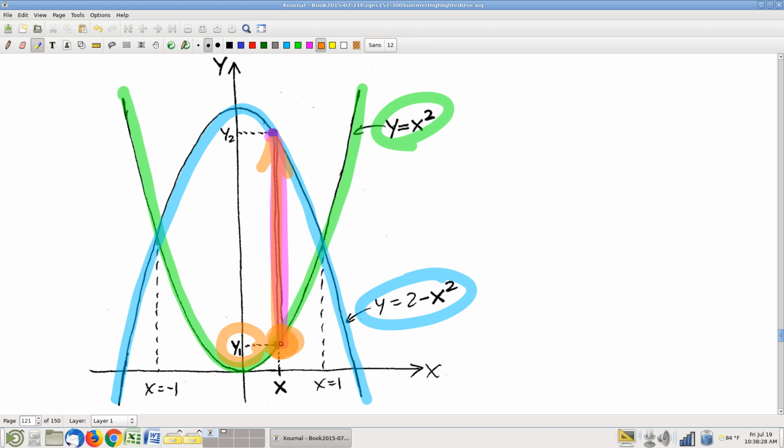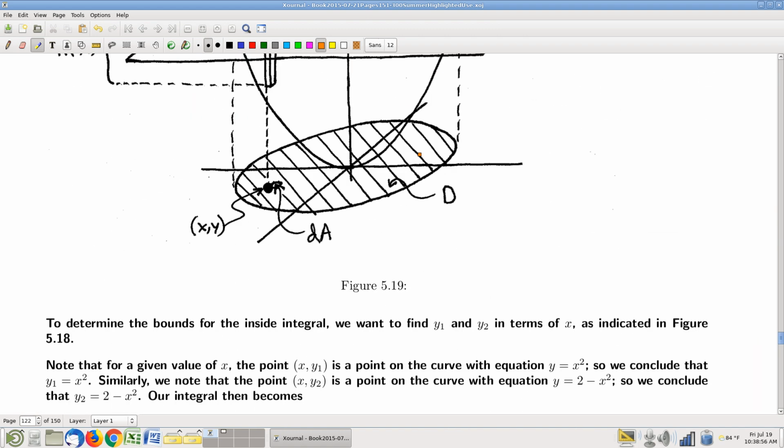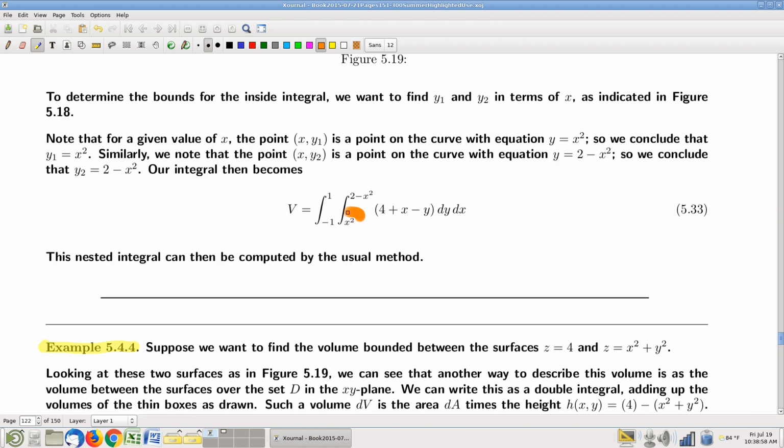So our lower bound is based off of that point, which is on this curve, which has that equation. Solve for y, and conveniently y is already solved for. But notice I'm following the same pattern. The bound is determined by a point. The point is on a certain curve. The curve has an equation. It's always that sequence of connections. Solve for y. Y is x squared. So our lower bound is x squared.